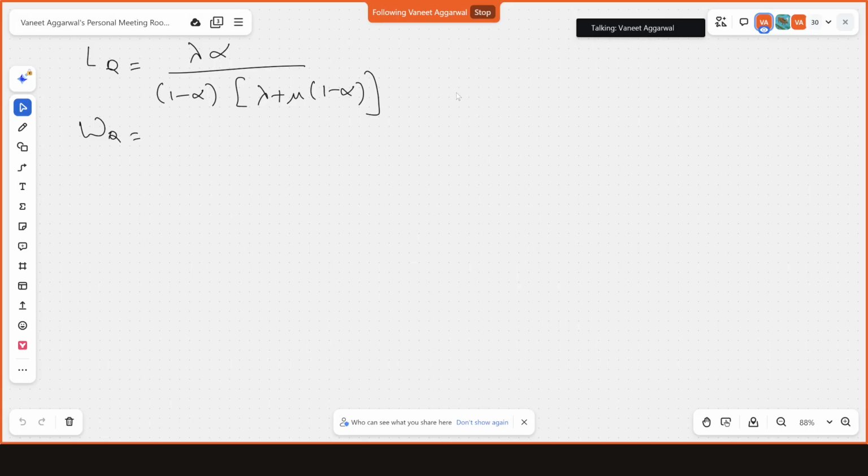Given LQ, calculate WQ. Is it LQ by lambda? Yeah, exactly right. Both of you are correct. It's just LQ by lambda. So just the lambda goes away. Great. So we have now calculated WQ.